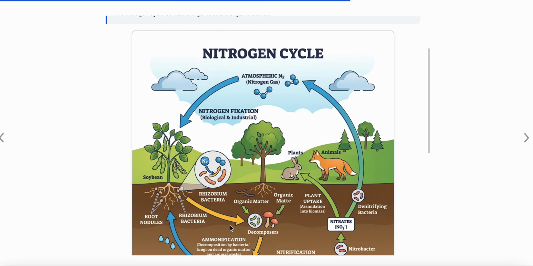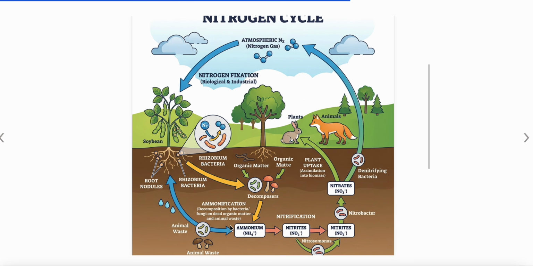Coming to the nitrogen cycle, here we have to talk about how nitrogen fixation happens. Nitrogen fixation is the process done by nitrogen-fixing bacteria, which are specifically present in the root nodules of leguminous plants.